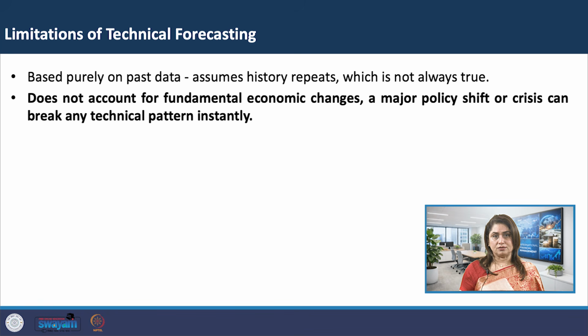Technical analysis also completely ignores fundamental economic changes. If the Reserve Bank of India unexpectedly changes its interest rate policy, or if a geopolitical crisis erupts overnight, no chart pattern will have prepared you for that. Fundamentals can override technicals instantly and completely.